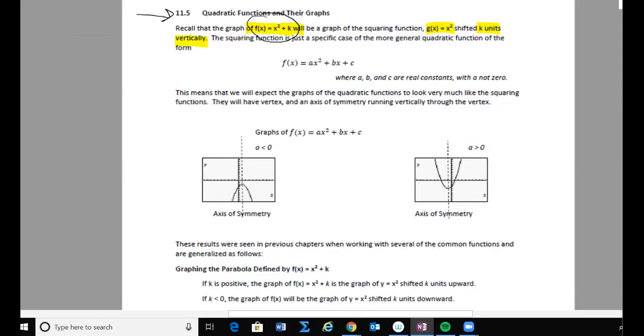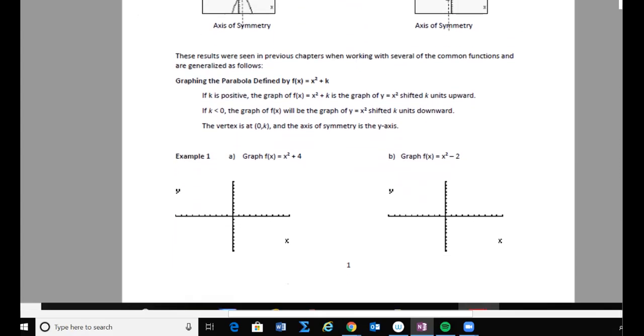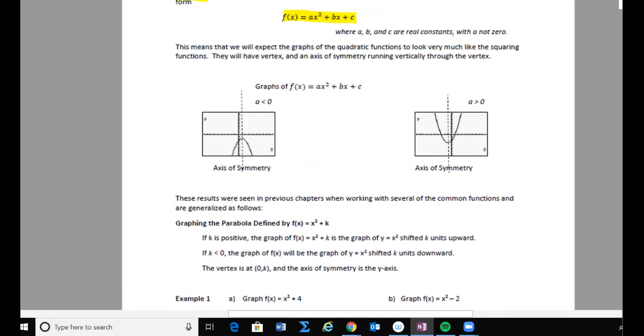Okay, now that squaring function, and even this one here, are two special cases of the more general form of quadratic function that looks like this. Now, what we're going to do is work with a few of these, look for some special characteristics that might be visualized in certain forms.